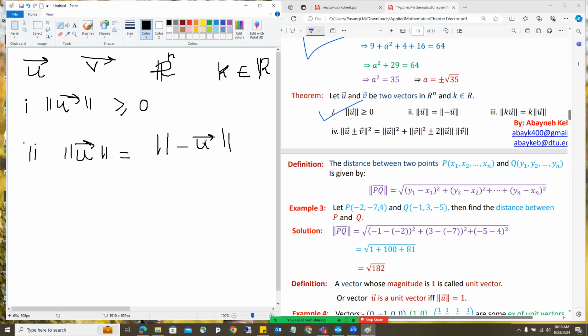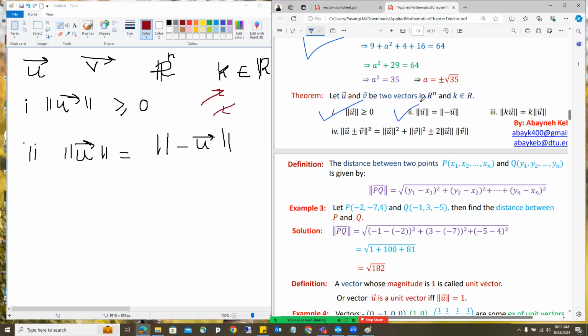So minus vector u means we have the same magnitude, but the direction of this vector has been reversed or opposite. If we consider earlier the vector u like this, now if it's minus u, then we have to think about the opposite direction. But still, these two magnitudes are equal. Is it clear?